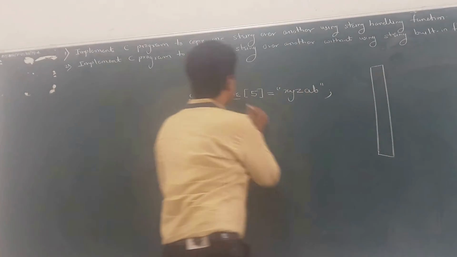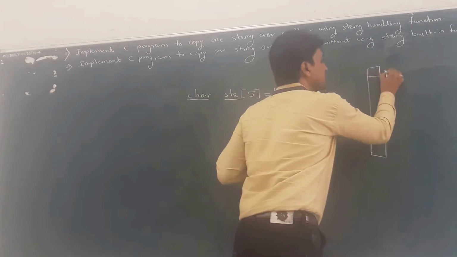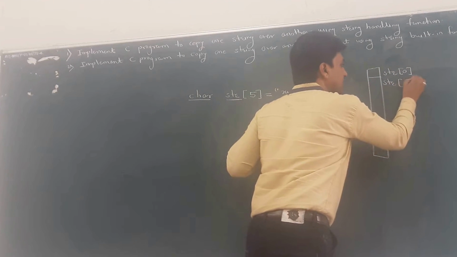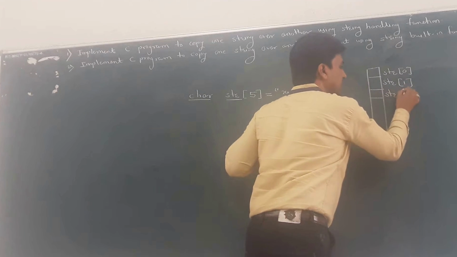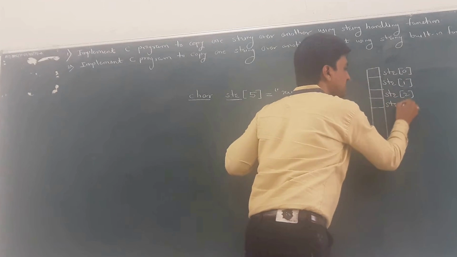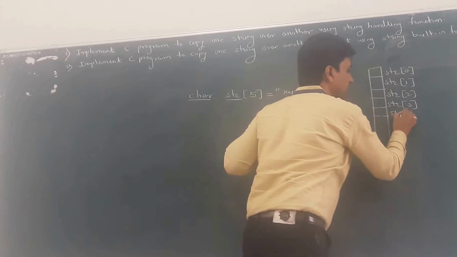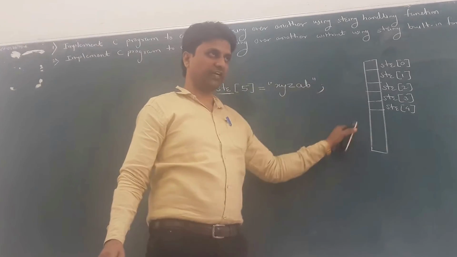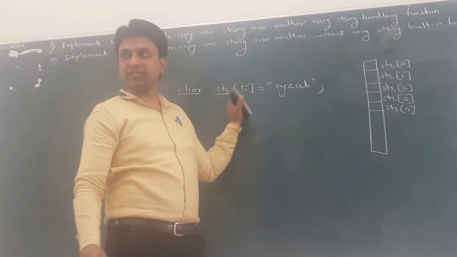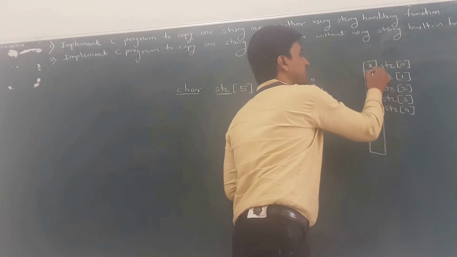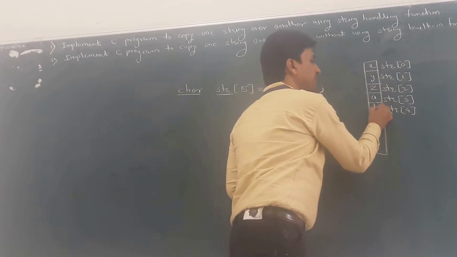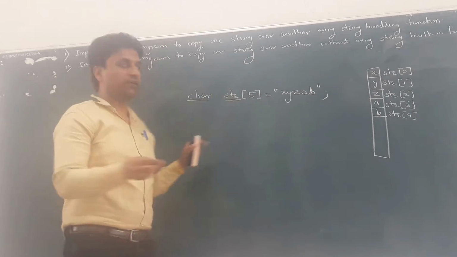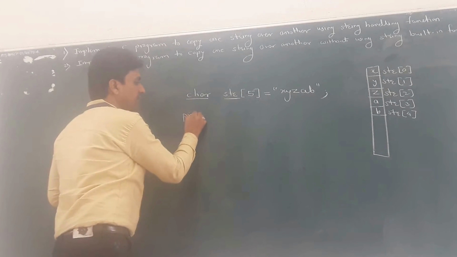Suppose the name of the string is str, so space is reserved at compile time, that is str of 0, str of 1, str of 2, str of 3, and str of 4. So these 5 spaces are reserved for the 5 characters. Now you initialize the string with x, y, z, a, b. Clear?